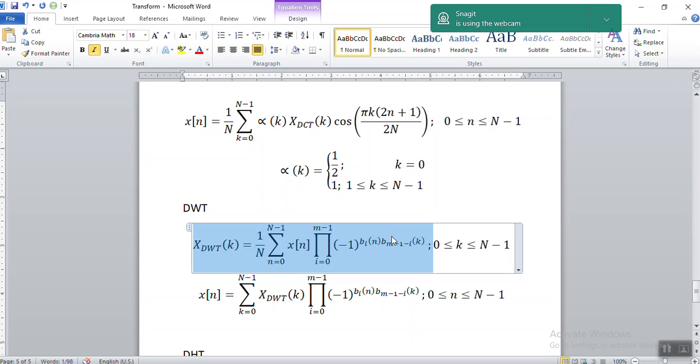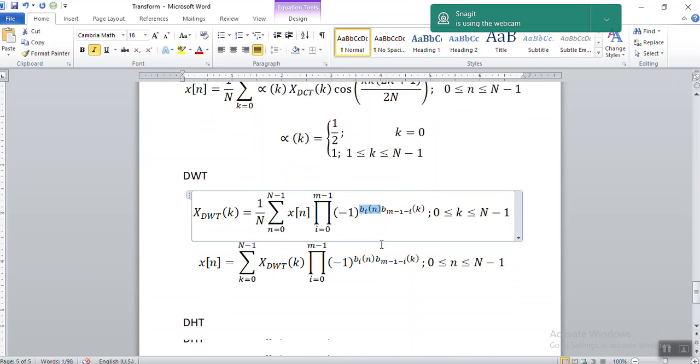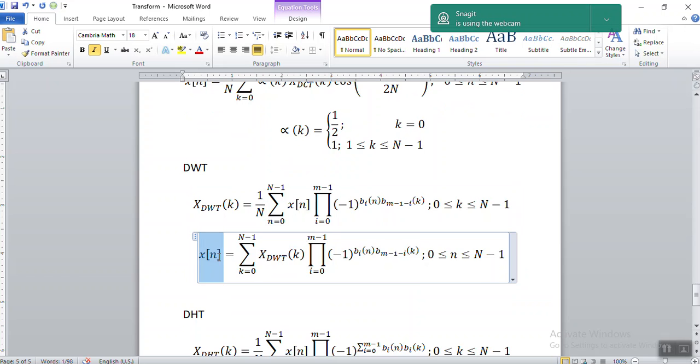So, this is the discrete Walsh transform. Here b_i represents the ith bit in the binary representation. Similarly, you can get back x of n from the discrete Walsh transform using this.